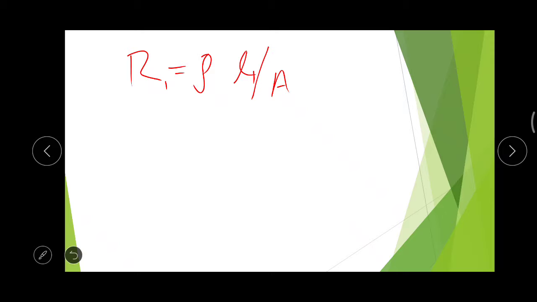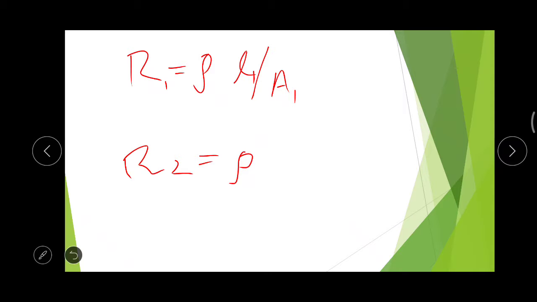But in the case of R2, the length as well as the area is changing. The same material has length L by 2 and area of cross section 2A, so A2 also you have to take. That means length and area both are changing, only the rho value will remain constant. So R2 will be equal to rho into L2 divided by A2.